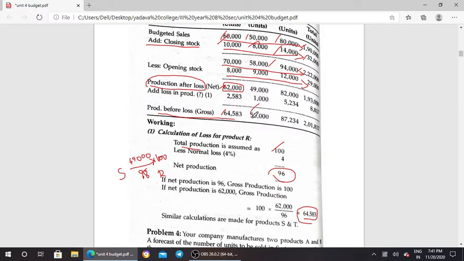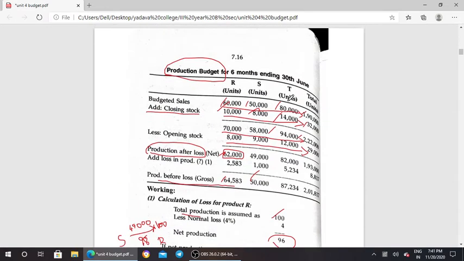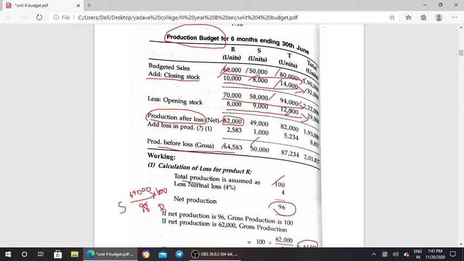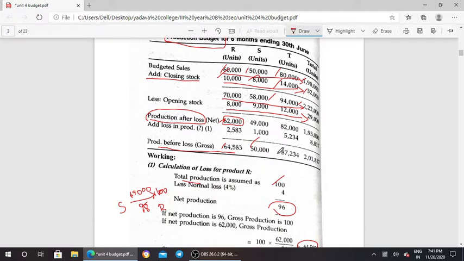Likewise for T, 82,000 divided by 94, since normal loss is 6, into 100, you will get 87,234.